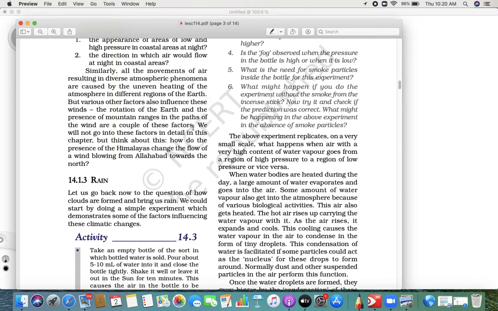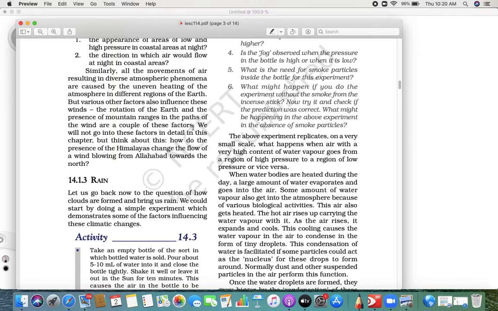This is what happened to the water vapor. This is how the water vapor is carried out by smoke.